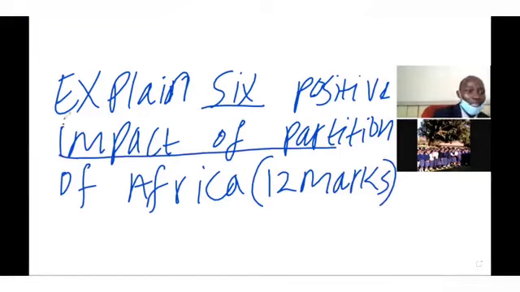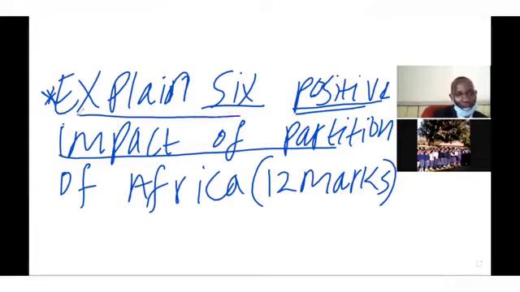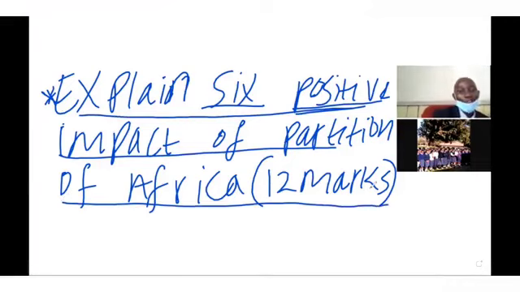This is why I'm emphasizing that positive are those which are good. So read the question, and as you continue to answer, you continue reading the question. Don't read part of the question. A student who reads explain 6 impact of partition of Africa will end up writing both positive and negative, and for that which is negative, they will end up losing marks.